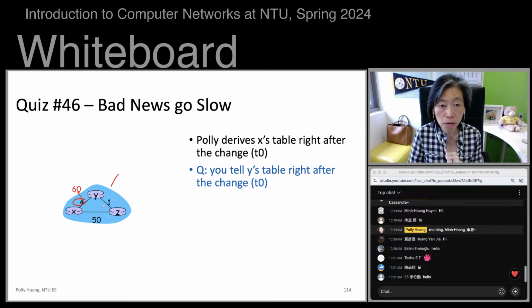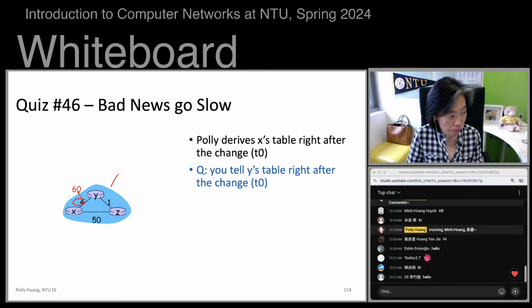That means link cost reduced, which is good news, and we showed that it converges really fast to the optimum route, in 2 iterations. But now, bad news travel slow. The scenario is different: the link cost between X and Y is changed from 4 to 60. Bad news indeed.